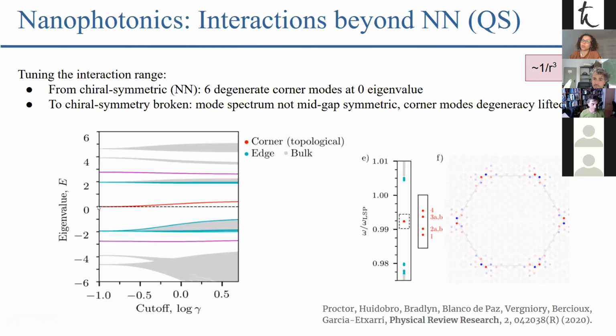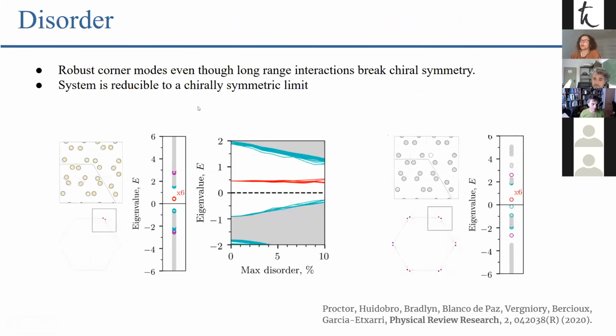While we were starting with six purely degenerate corner modes of the C6 symmetry enabled by the lattice, the six corner modes start to shift a little bit away from zero energy, and their degeneracy splits up. However, we find numerically that even though we are breaking the chiral symmetry, these corner modes can still be found when we include random disorder in our calculations.